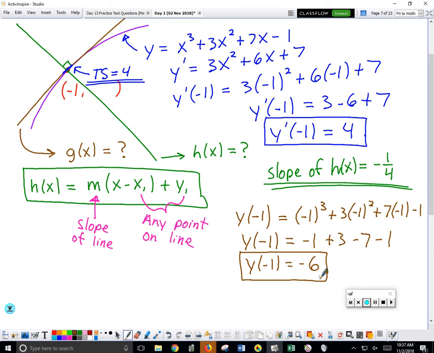So now I have two things, Rachel. I use the y formula itself down here to figure out on the curve, when the x-coordinate is -1, the y-coordinate is going to be -6.